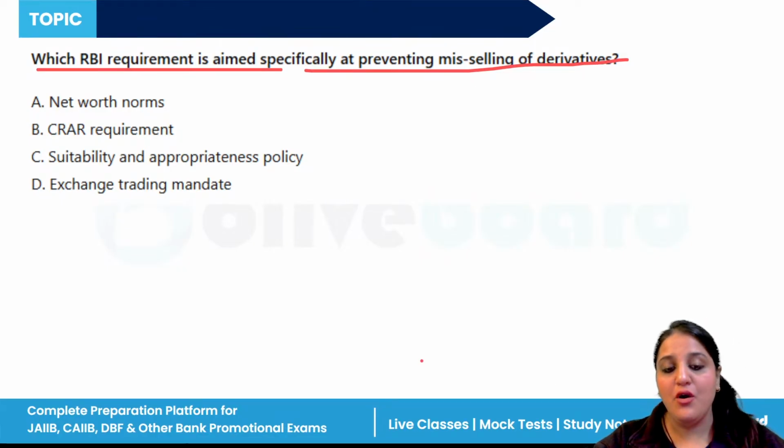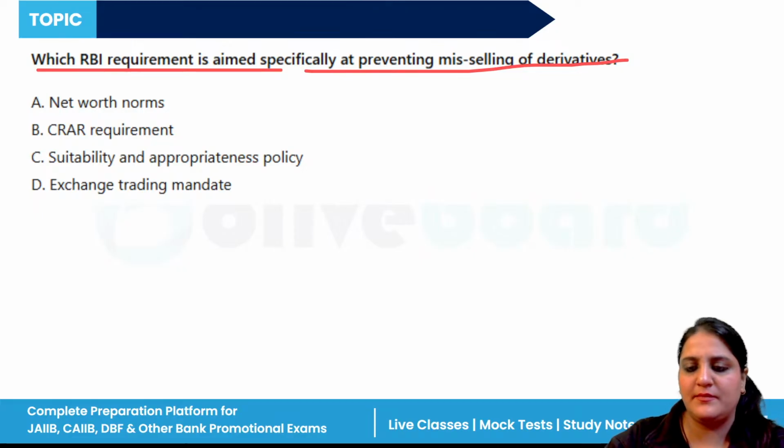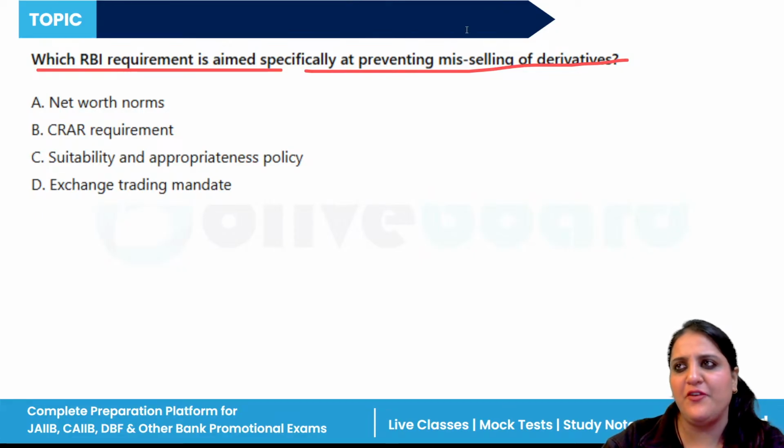Right. Now I want to clear one thing about one term, FIMDA. What is this FIMDA? This is the industry body that plays a very important role in India's fixed income, money market and derivative market.